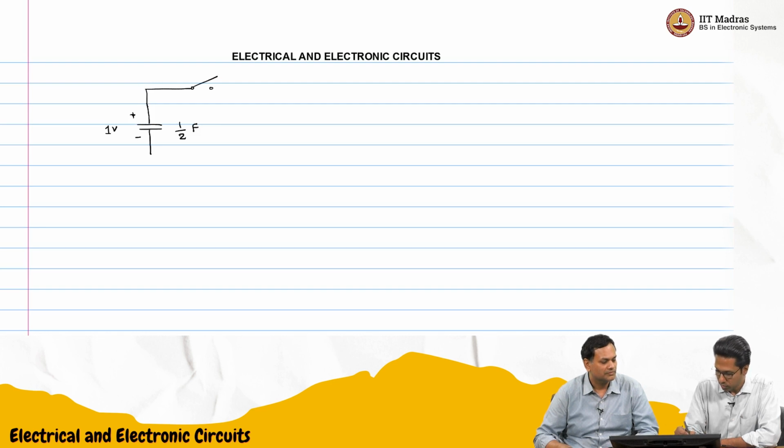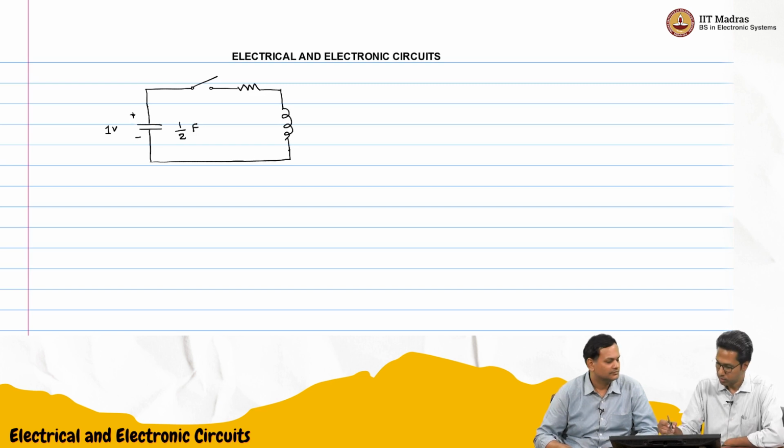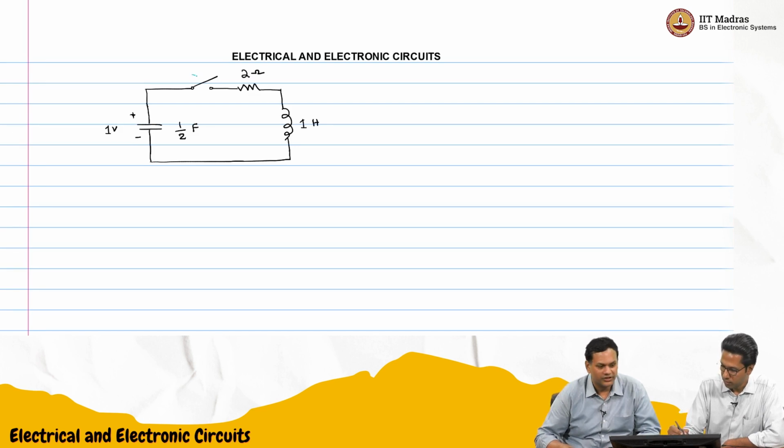This is going to a switch, a resistor and an inductor. Something like this. So, this is 1 Henry and this is 2 ohm. And the switch is initially open. We are closing at t equal to 0.